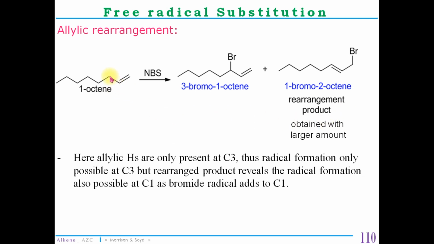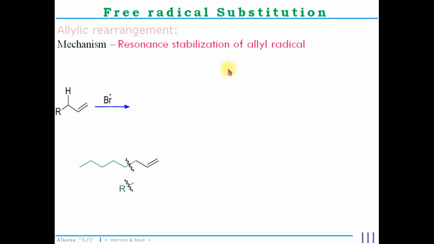Here allylic hydrogen is only present on carbon number 3. Thus radical formation is only possible at this carbon, but the rearranged product reveals that radical formation is also possible at carbon number 1, as in this product bromine adds to carbon 1.